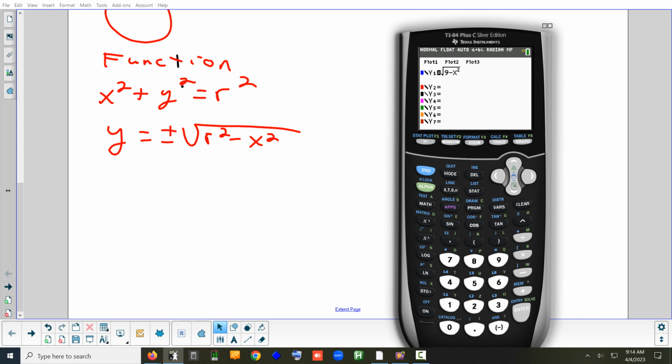And then if I want to graph the bottom half of the circle, I need to do the negative square root. Because remember, there's always 2 answers when you take the square root. So negative square root of 9 minus x squared.